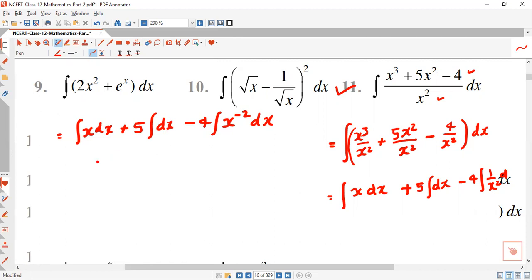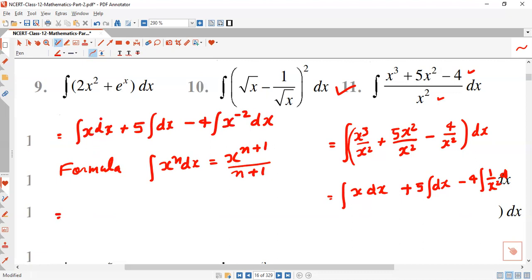What is the formula we will use here? Integration of x raised to n dx equals x raised to n plus 1 divided by n plus 1. Use this formula.